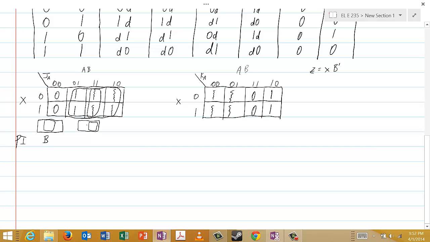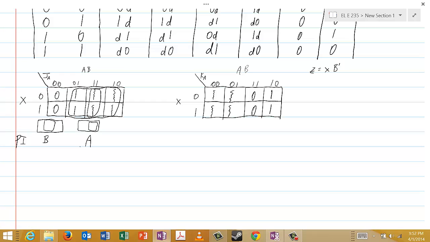And I hope that you are convinced that the appropriate name for that is A. And that's all of the rectangular groupings of 4 one-cells.